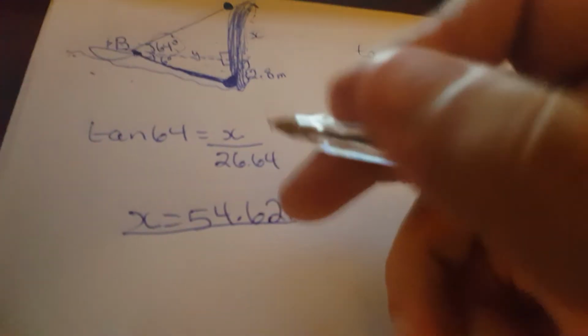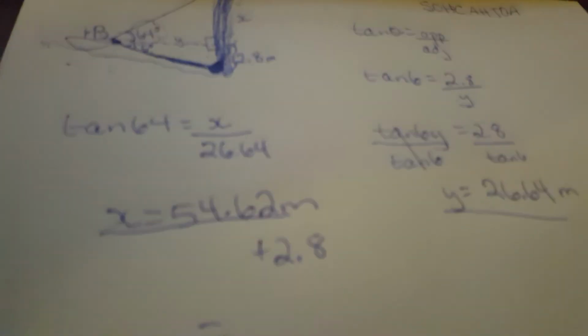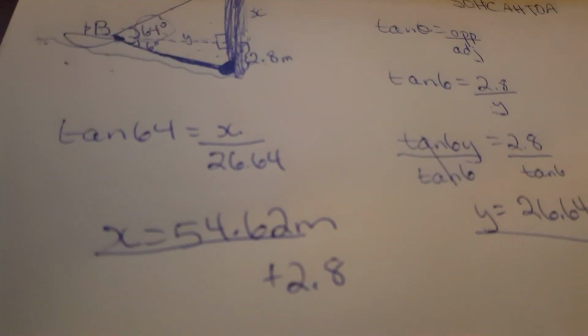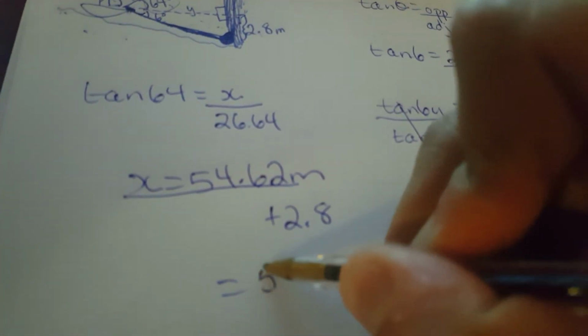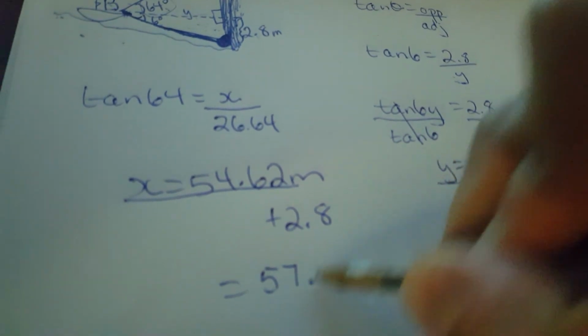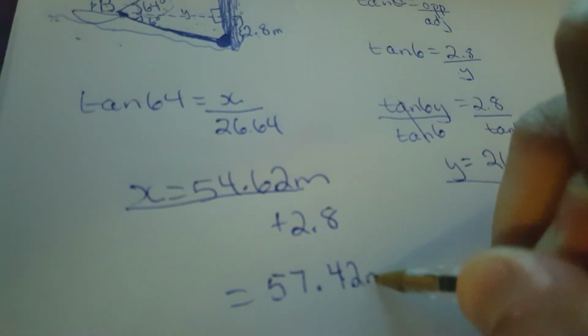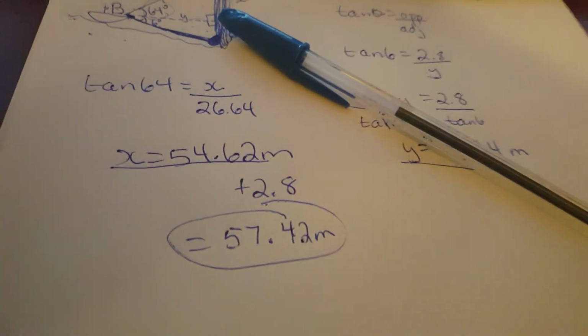So obviously, just to this number add 2.8, and you're going to get 57.42 meters. And that's the height of Horseshoe Falls. Yes? Good.